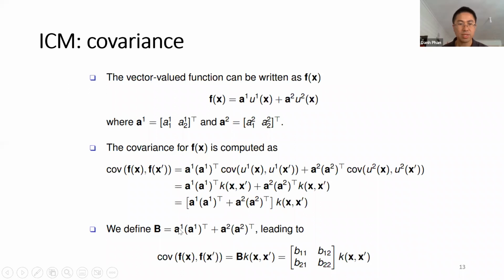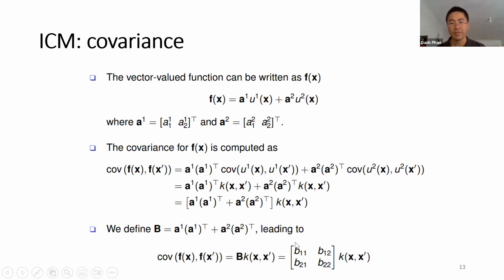And again, A1 here is a column vector, and with the same thing, this one will be 2 by 2, and the shape of the B here is still 2 by 2.